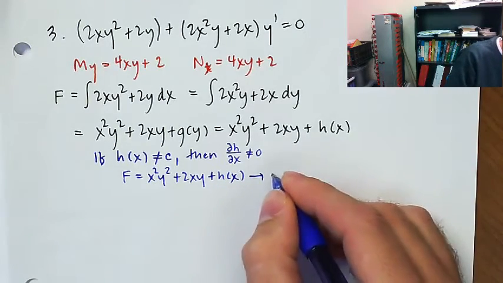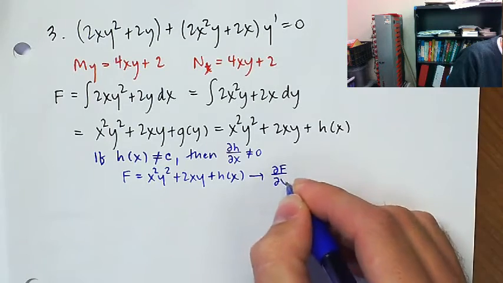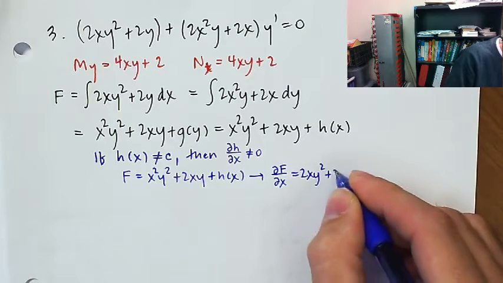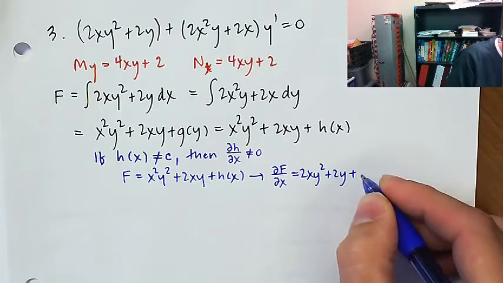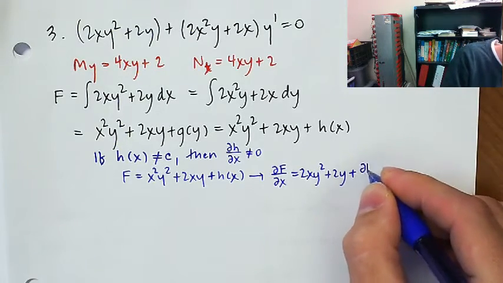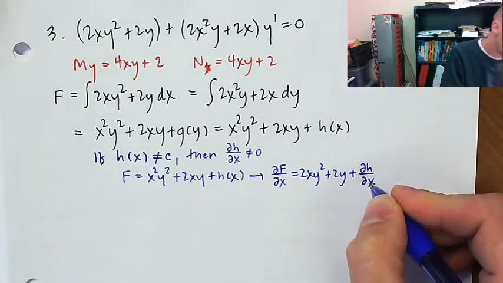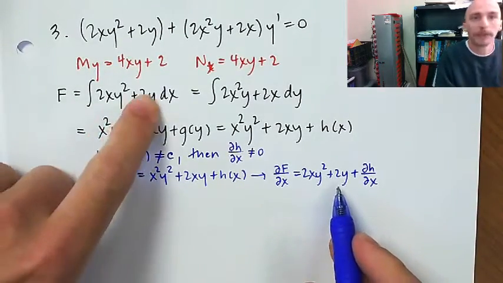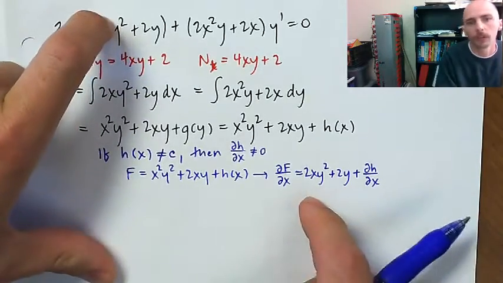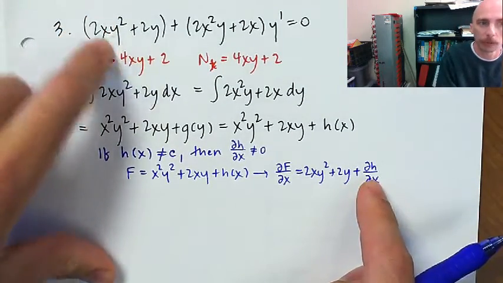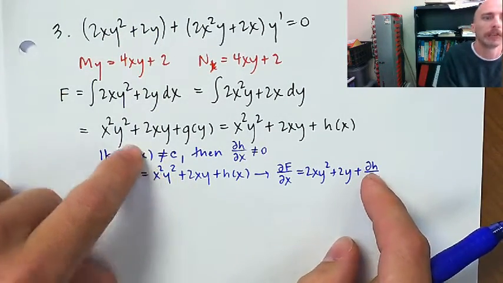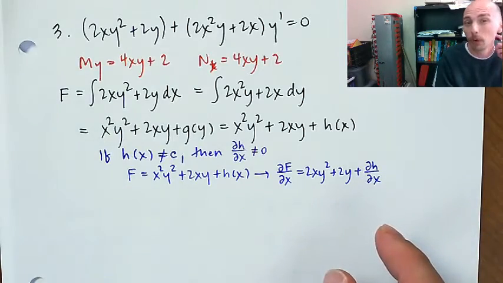Then that would give me that the partial of f with respect to x was going to be 2xy to the 2 plus 2y plus whatever dh dx was, which is not 0. But I know that the partial of f with respect to x has to be exactly this, right? That's an exact equation. So I know that dh dx has to be 0 for this to be the partial, and so that means if dh dx is 0, then h was in fact at most a constant.